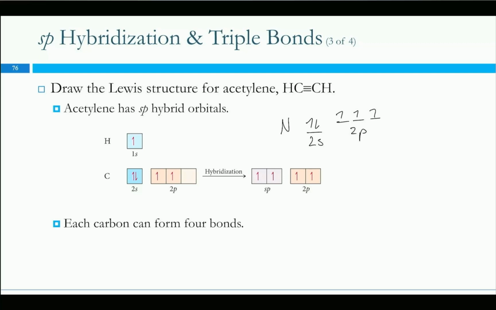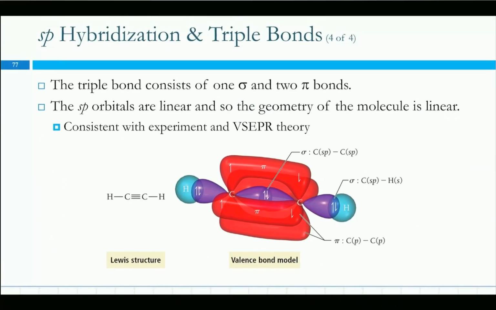For nitrogen, how many bonds do you think nitrogen wants to form? How many half-filled orbitals? Three. So nitrogen pretty much always wants to have three bonds, whether that's three separate single bonds or double bonds or a triple bond, it'll form three bonds.